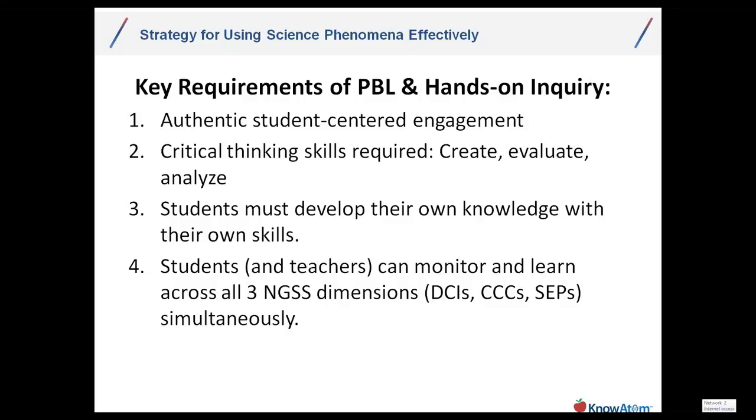Secondly, it has to require critical thinking skills: creating, evaluating, and analyzing, those higher order thinking skills. Just because students have hands-on materials, they could be playing.